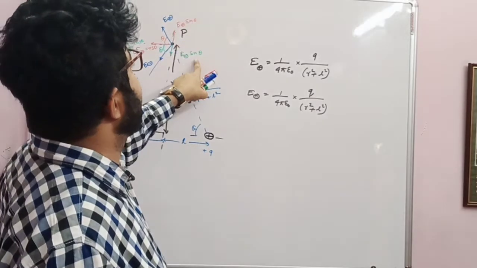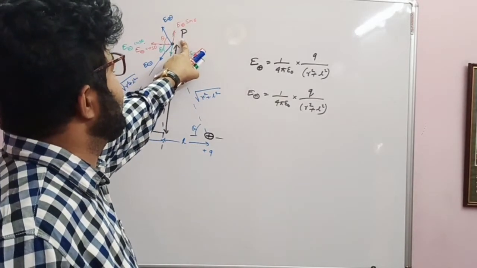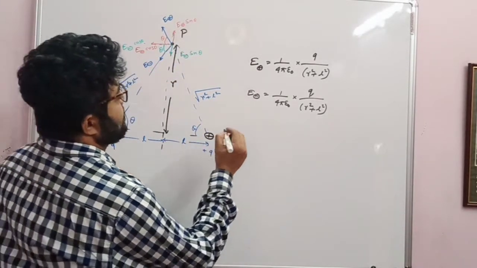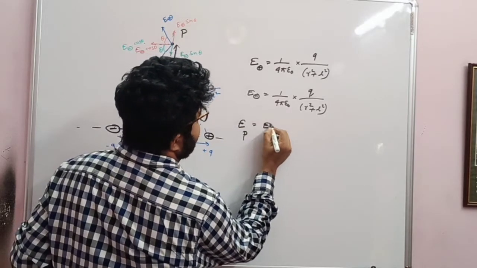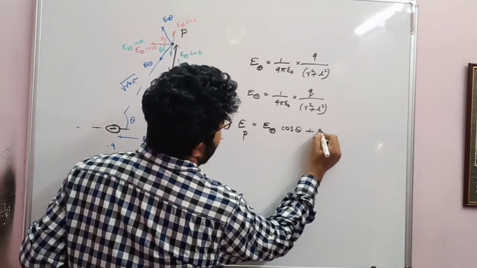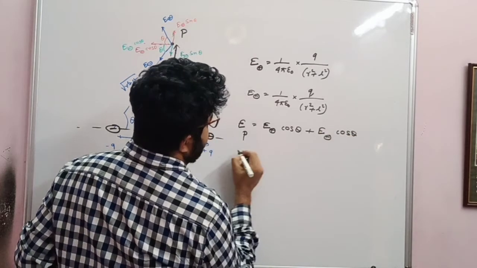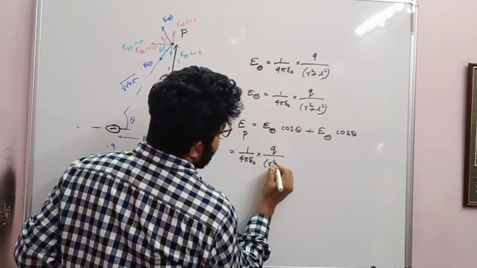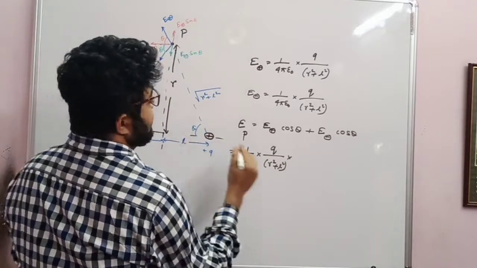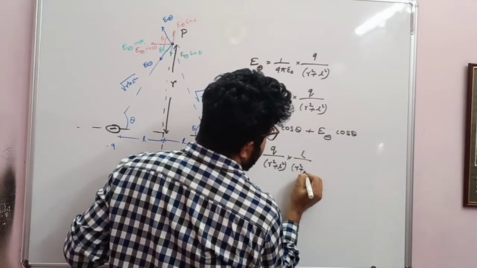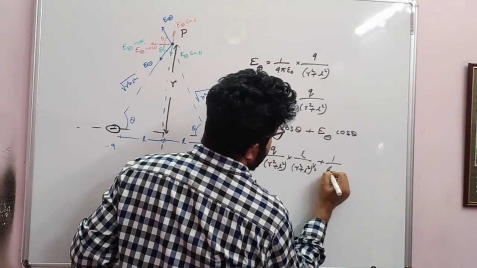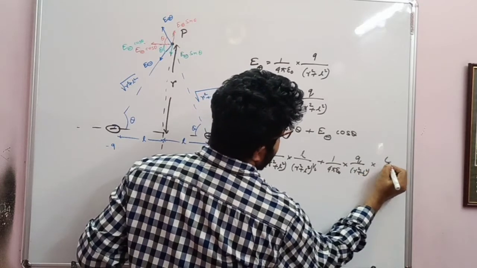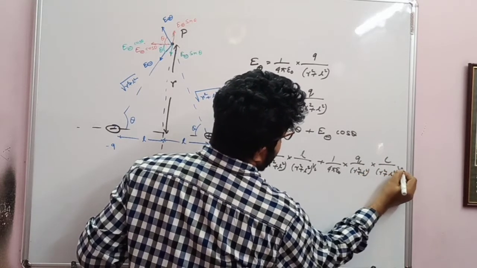As E plus sin theta is cancelled by E minus sin theta, the net electric field at point P is E plus cos theta plus E minus cos theta. So the electric field at P, in terms of value, is 1 by 4 pi epsilon naught Q by R square plus L square, cos theta, base over hypotenuse, L by R square plus L square to the half, plus 1 by 4 pi epsilon naught Q by R square plus L square, L by R square plus L square to the half.